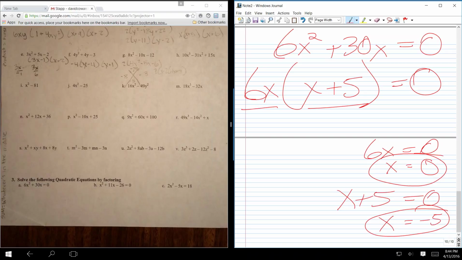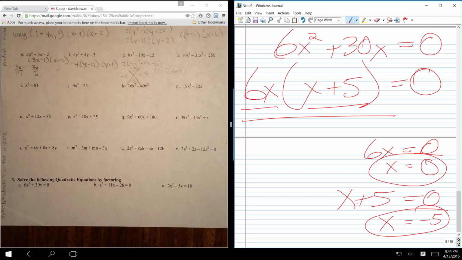In other words, if either of those solutions is true, then that's true, because I would have 0 times a number, and 0 times a number is always 0. One of the most important fundamentals of algebra is that concept.